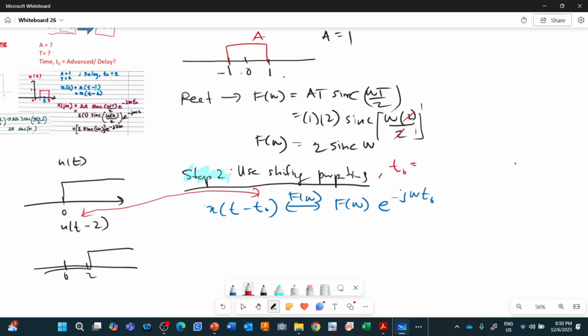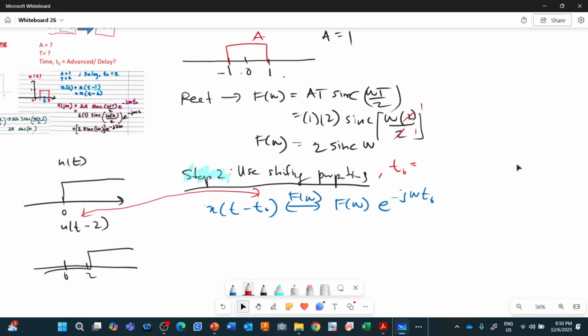If you compare directly, only in the bracket, T minus T naught.